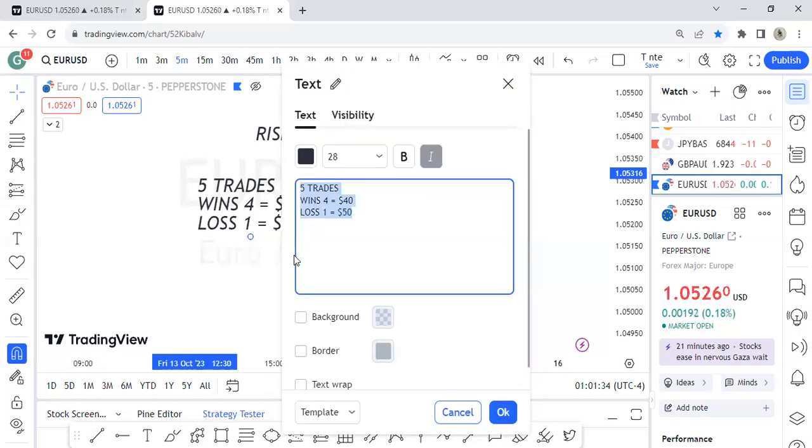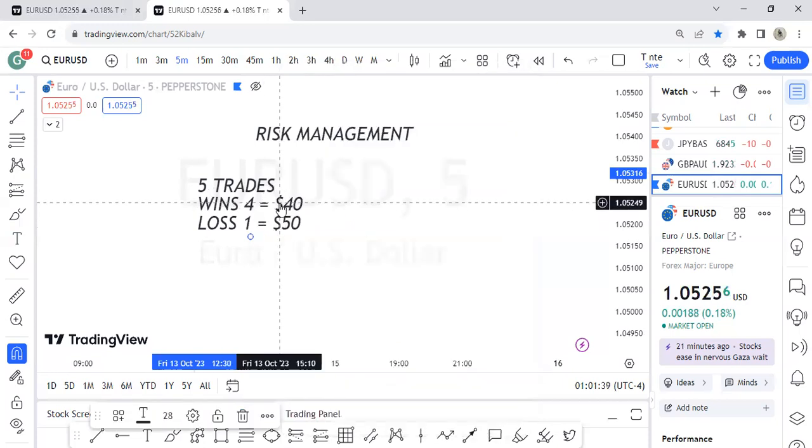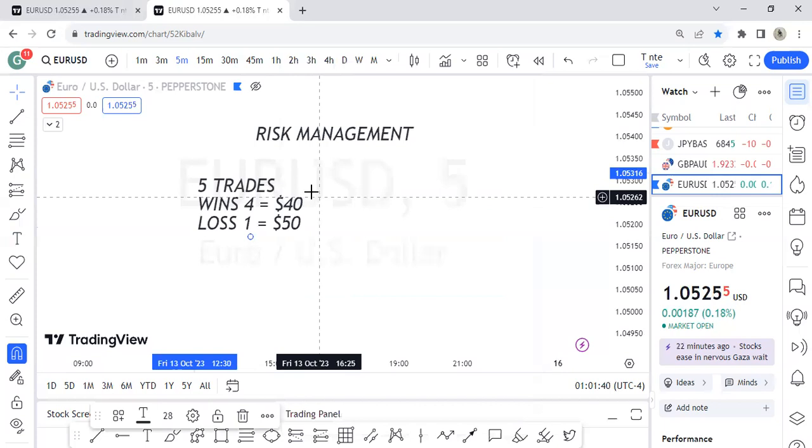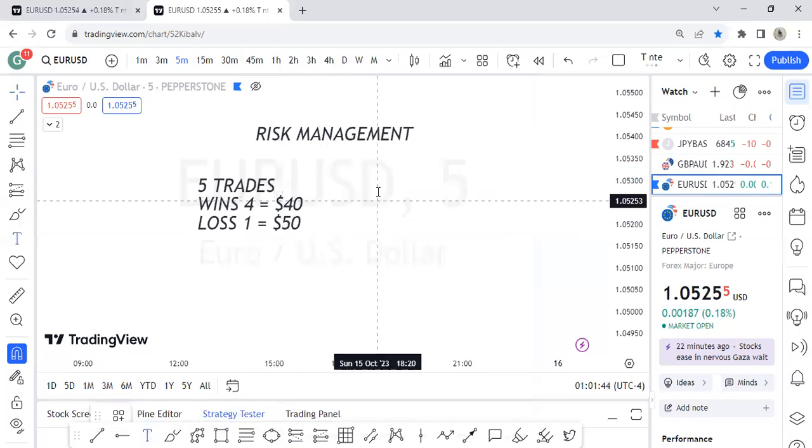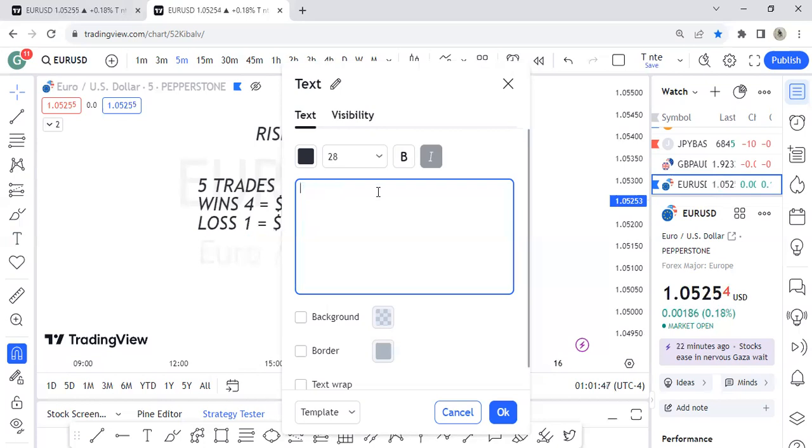This is why it is important to manage your risk, because you can win 4 trades and make profit, then lose one and lose everything you have made, because you don't understand that risk management is the holy grail. Someone else can still take the 5 trades, win two and lose three.